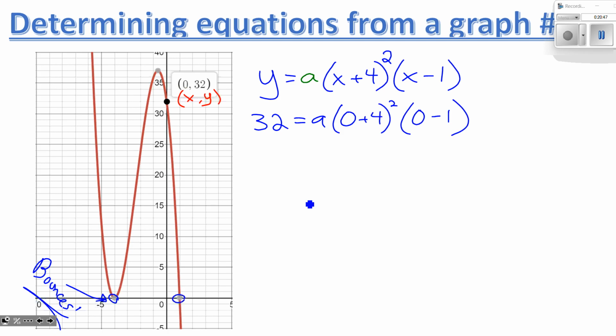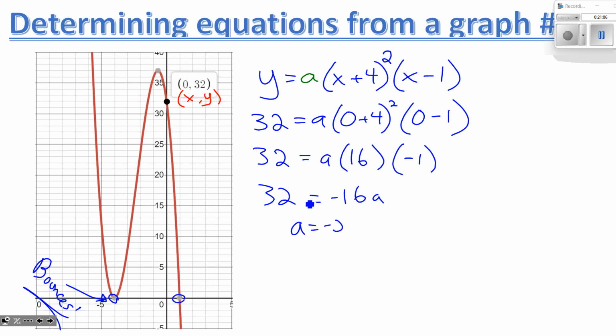Plugged in my 0 for x, 32 for y. Now it's just some algebra. 0 plus 4 is 4 squared to get 16. So 32 equals negative 16a. Divide by negative 16. a is negative 2.